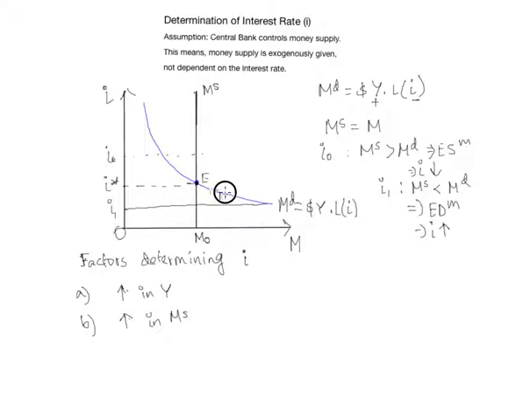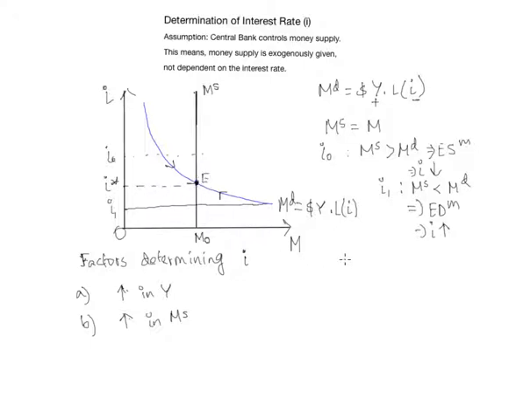And interest rate would converge towards the equilibrium. At I star, both money demand and money supply are equal, so there is no excess demand or excess supply, therefore interest rate will not change. And if nothing else changes, the economy would generate this equilibrium interest rate.